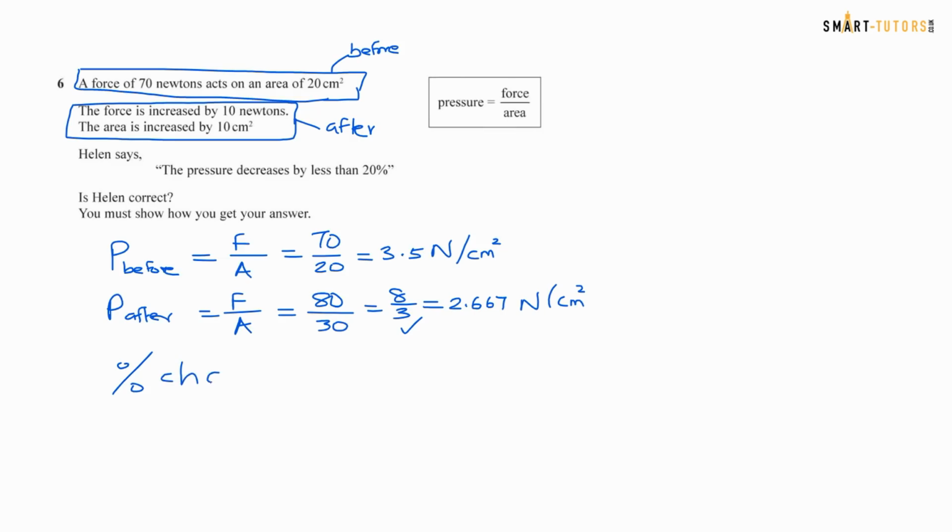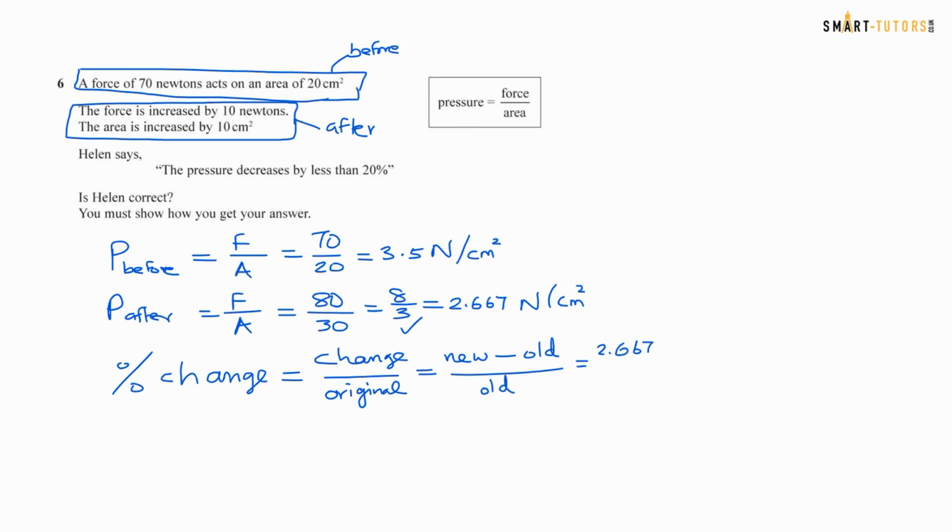So Helen makes a statement, so we need to work out the percentage change. We need to remember this formula: percentage change is change over original, or some of you studied this as new minus old, divided by old, everything the same.